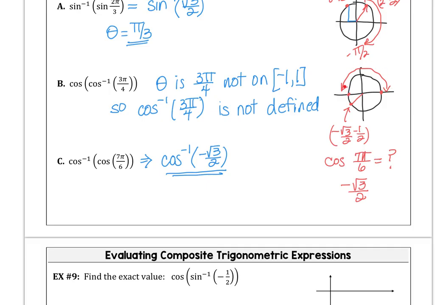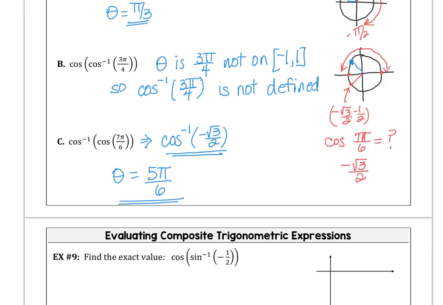So on this interval, at what angle will we find negative radical 3 over 2? That's going to be in quadrant 2. It's going to be right here, quadrant 2, at 5 pi over 6. So these, you just have to be careful, think about them, understand the restrictions and the notation.